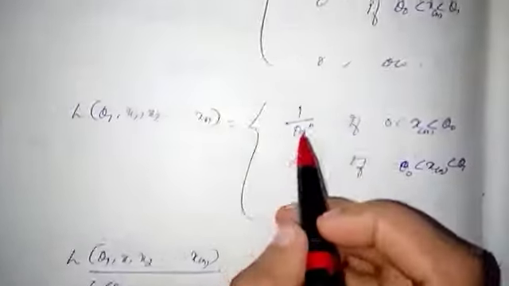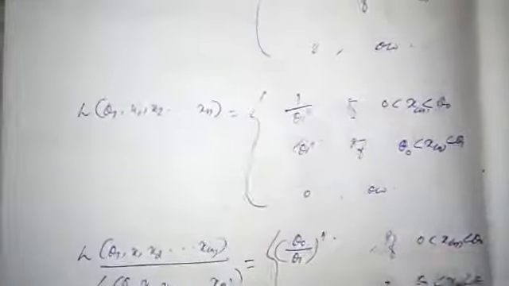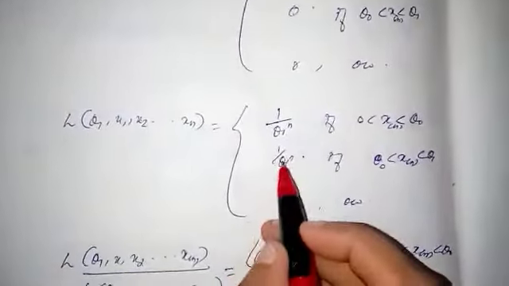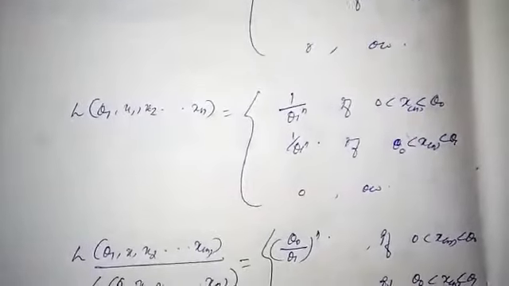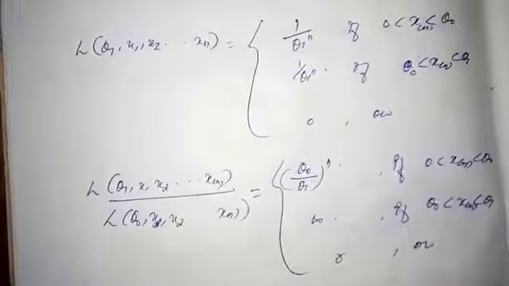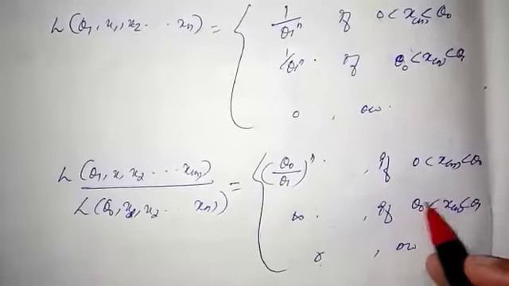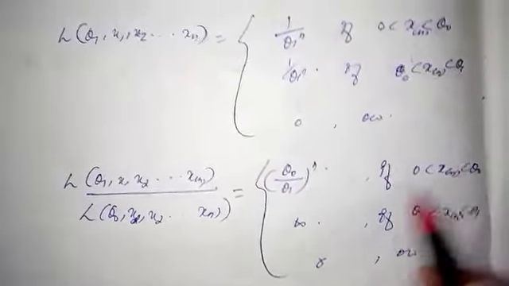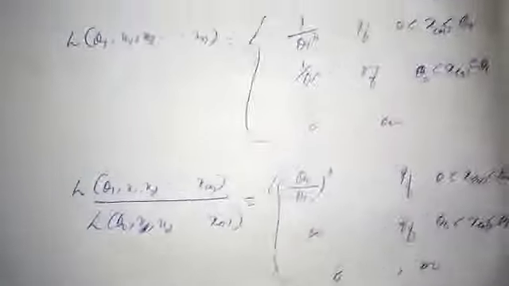Here we divide these, and we get theta naught divided by theta 1 power n, and next 1 by theta 1 power n divided by 0, which is equal to infinity. Then 0 otherwise. So we reject H naught for a large ratio. Here we get one rejection region, theta naught less than xn less than theta 1, because it is infinite, the maximum value, the large ratio.